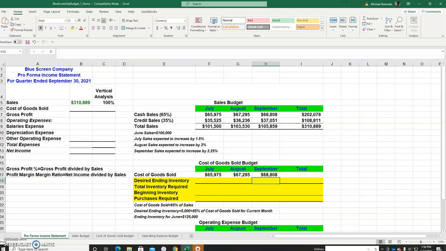And that's going to be our cost of goods sold. Now, again, the fact that it's the same as the cash sales is purely coincidental. So we have a total cost of goods sold of 202,078. So that's going to go up here on the pro forma income statement.